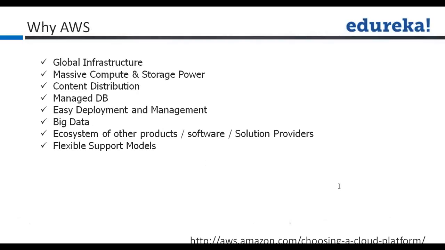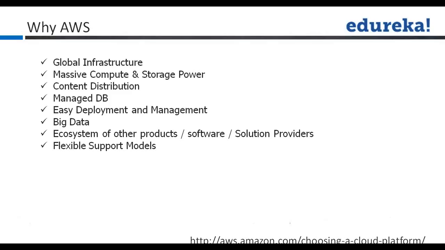Now, why Amazon? Amazon has recently published a very good article at aws.amazon.com/choosing-a-cloud-platform, which says why you should choose Amazon. For each point, they have given a very good reference and description. I'll go through it briefly. Global infrastructure across 8 regions with almost 18 to 20 availability zones is available.